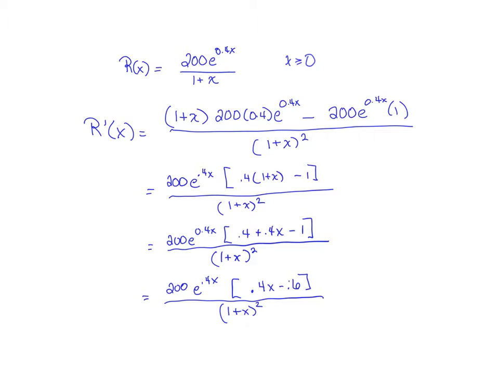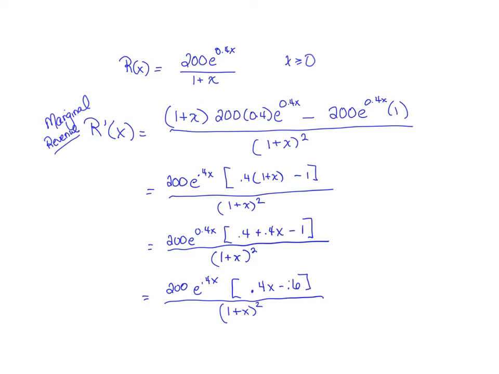So you would want only positive values or 0, but no negative ones because you wouldn't sell less than nothing, right? So this is the revenue function, and the derivative, remember, is the marginal revenue. And the question asks, for what values of x will the marginal revenue be positive?